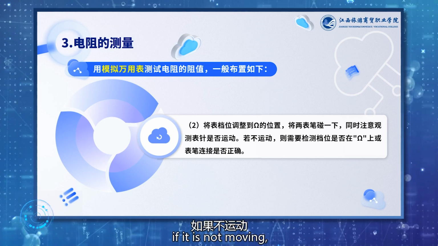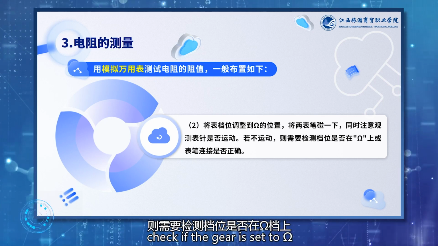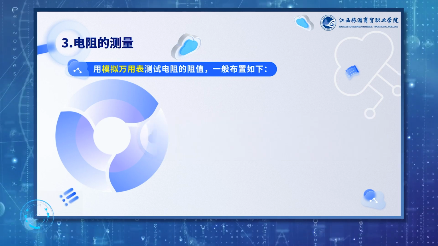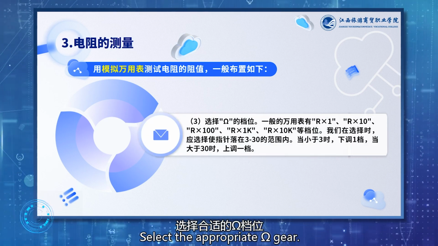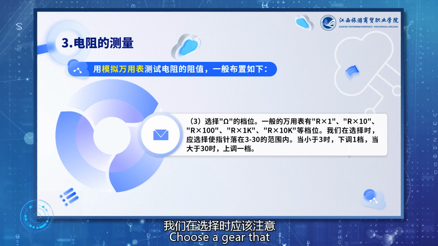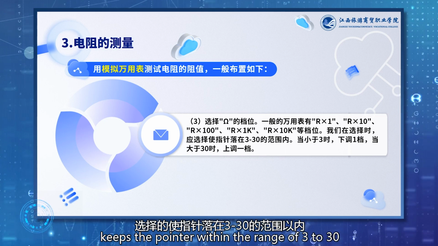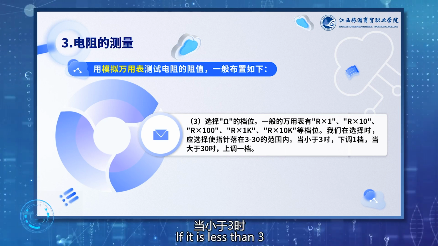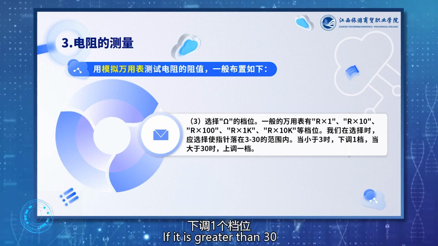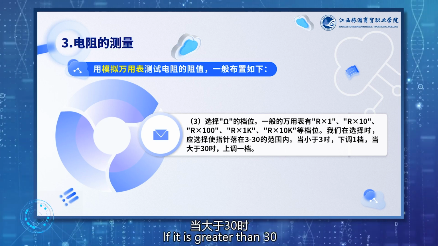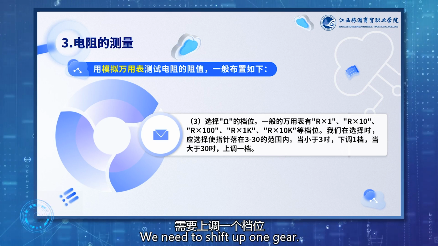If it's not moving, check if the gear is set to ohm, or if the probes are connected correctly. Select appropriate ohm gear. Choose a gear that keeps the pointer within the range of 3 to 30. If it is less than 3, we need to shift down one gear; if it is greater than 30, we need to shift up one gear.